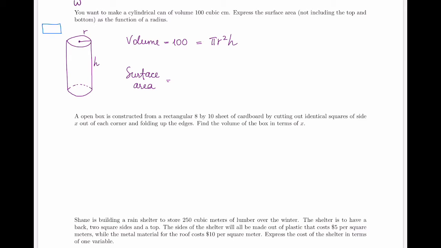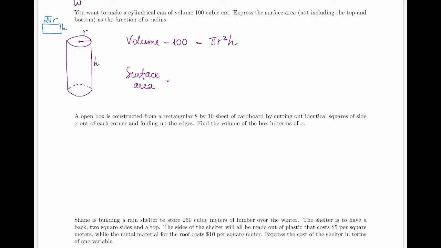It's going to have one side length h, because that's how you cut along it, and the other side will come from the circumference of the circle, so 2 pi r, which makes the surface area easier to calculate, because now it's just a rectangle, and the area of a rectangle is length times width.